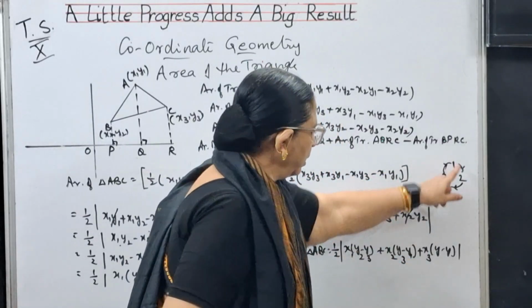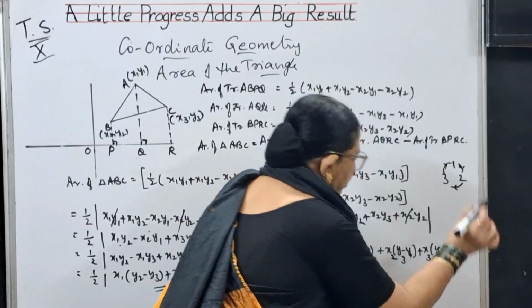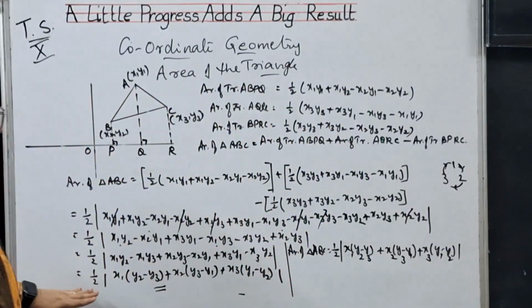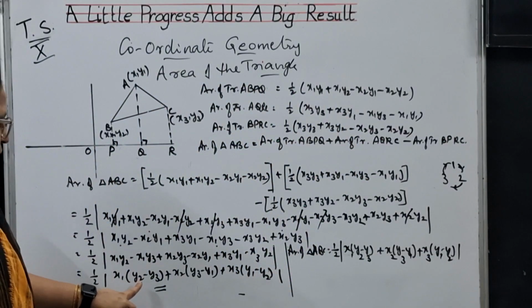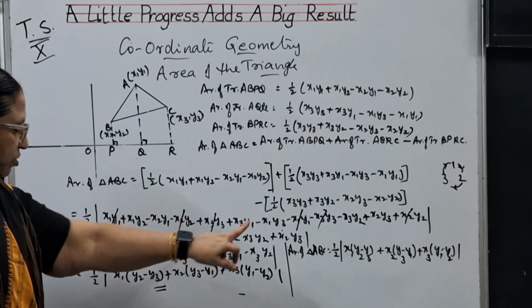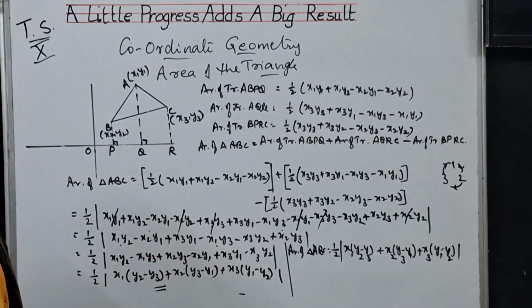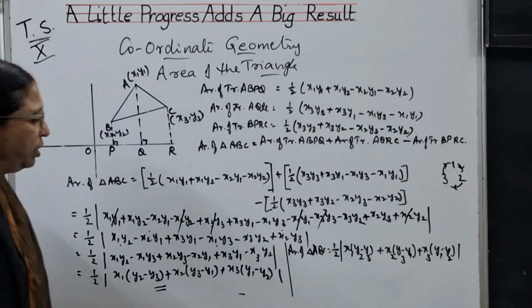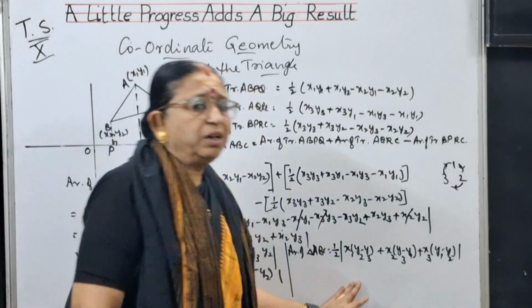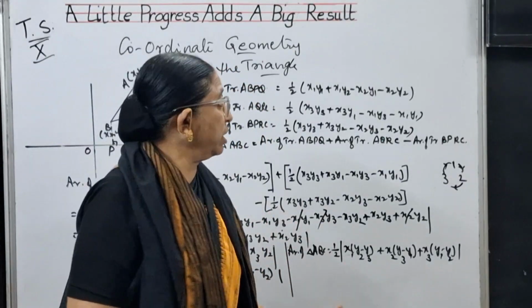And you have 3, write 1 and 2. See, the same formula you are getting: x1 into (y2 minus y3) plus x2 into (y3 minus y1) plus x3 into (y1 minus y2). So conveniently, so easily you can remember.